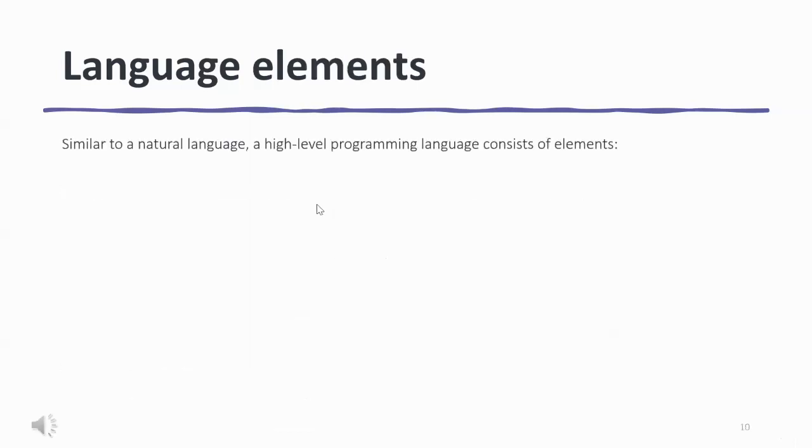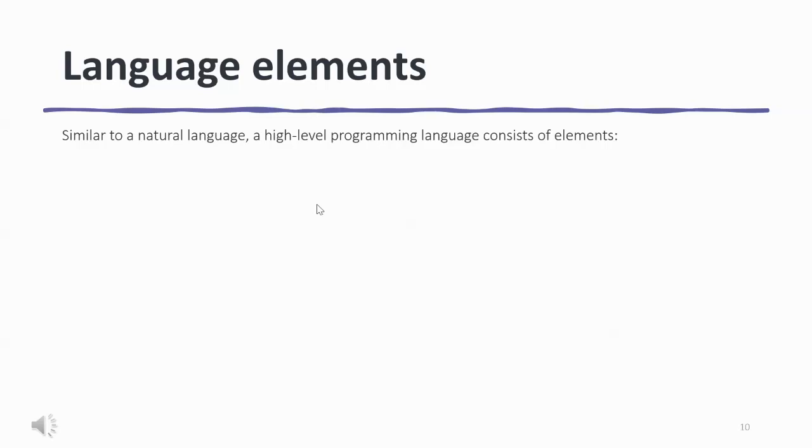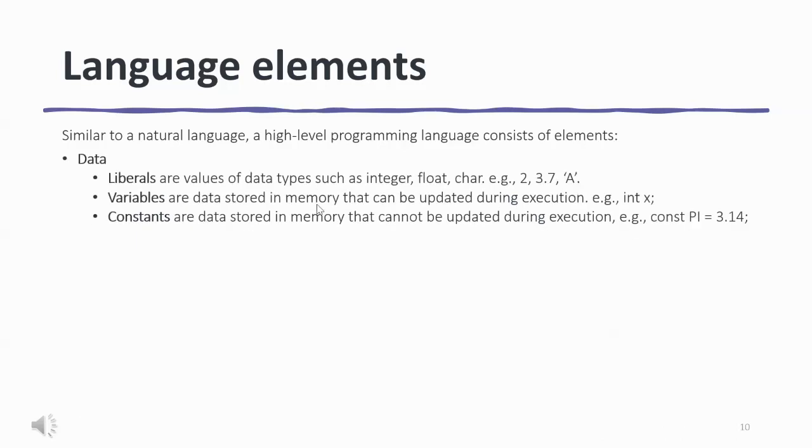Similar to a natural language, a high-level programming language consists of elements: data, punctuation, operators, expressions, statements, and some reserved keywords. There are three types of data: labels, variables, and constants. Labels are values in the instructions that can be directly used, not stored in memory.